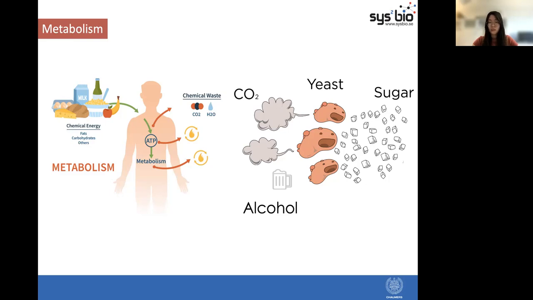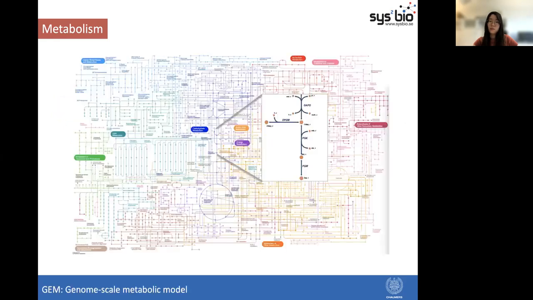I'm interested in yeast. Yeast is one of the most important microorganisms, which can be used for wine production. And the metabolism for yeast is to convert sugars to carbon dioxide and alcohol to generate ATP and the cell biomass. The process of metabolism contains thousands of reactions and millions of molecules.